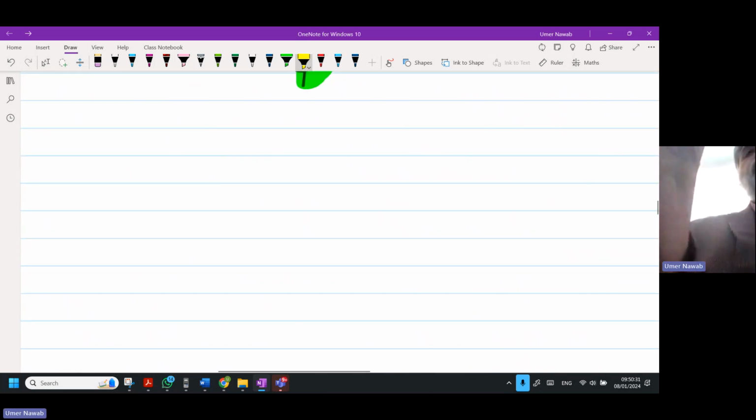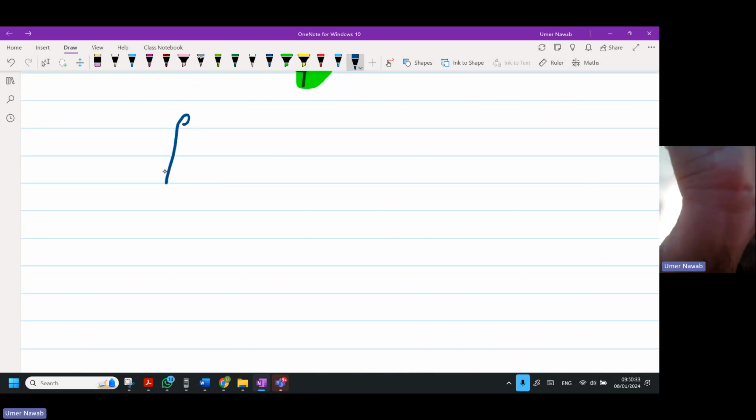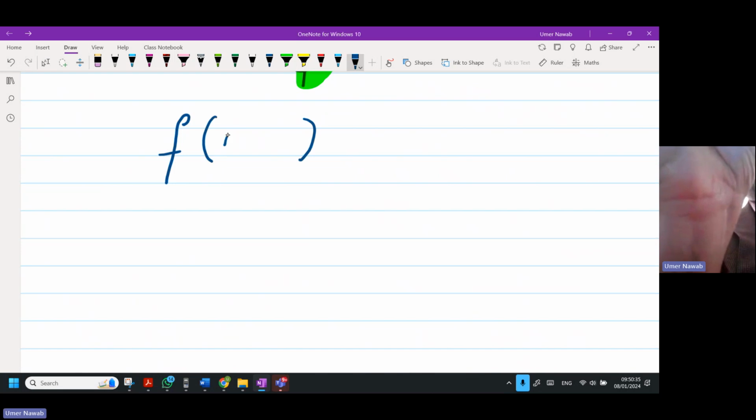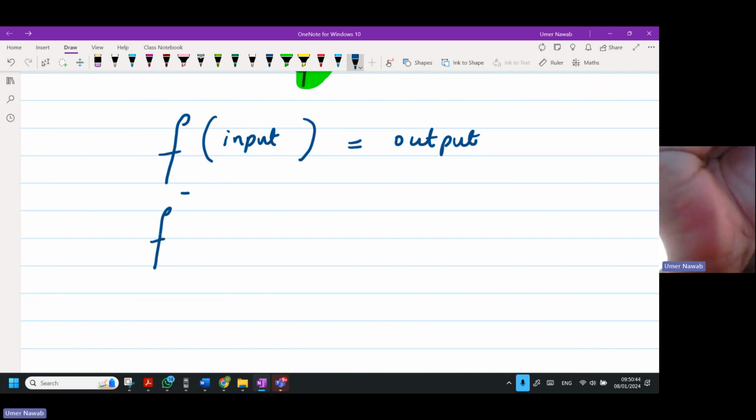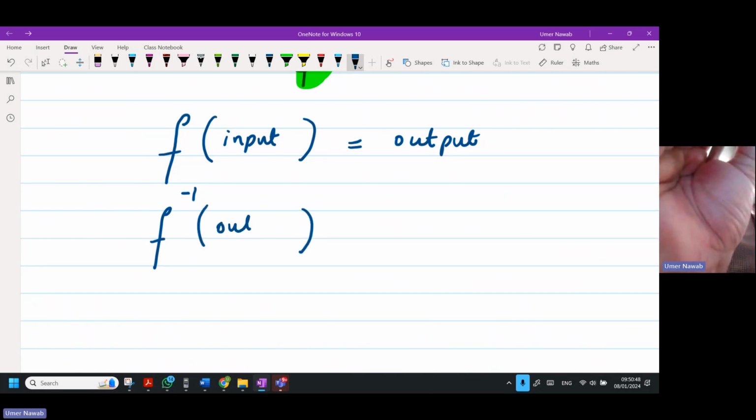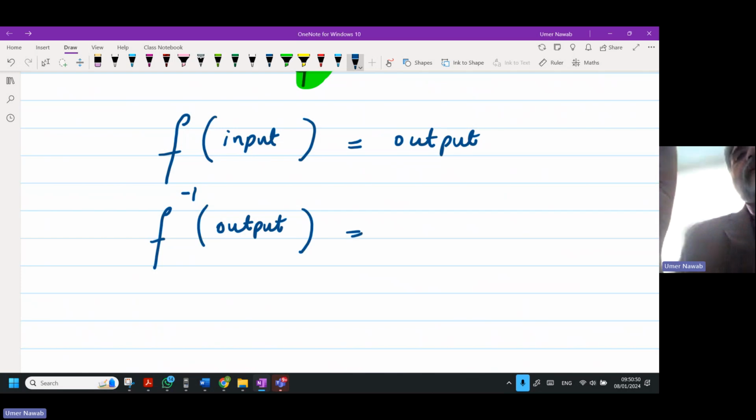Let me write it for you so you never forget it. For f, I always write the input in the bracket, and the output here. But if I write inverse of f, then within the bracket I should write the output, and here it is the input.